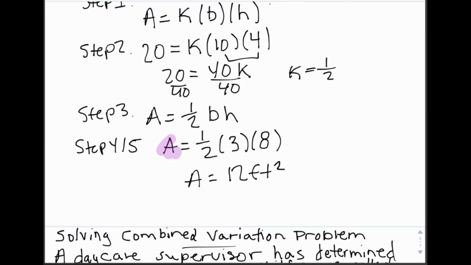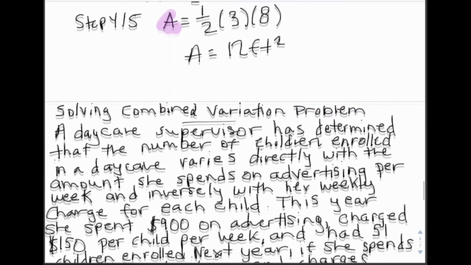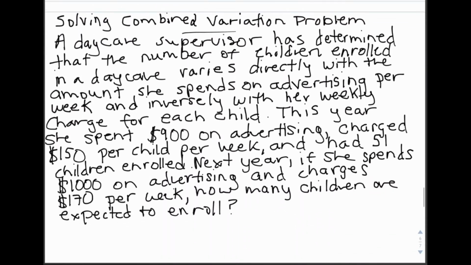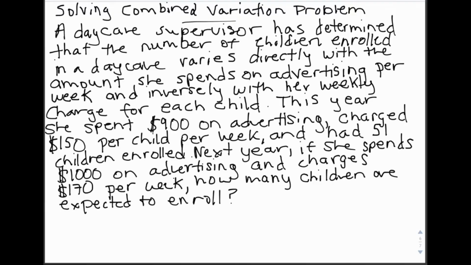Okay. So additionally, we can put all this together. So solving a combined variation problem. A daycare supervisor has determined that the number of children enrolled in a daycare varies directly with the amount she spends on advertising per week, and inversely with her weekly charge per each child.